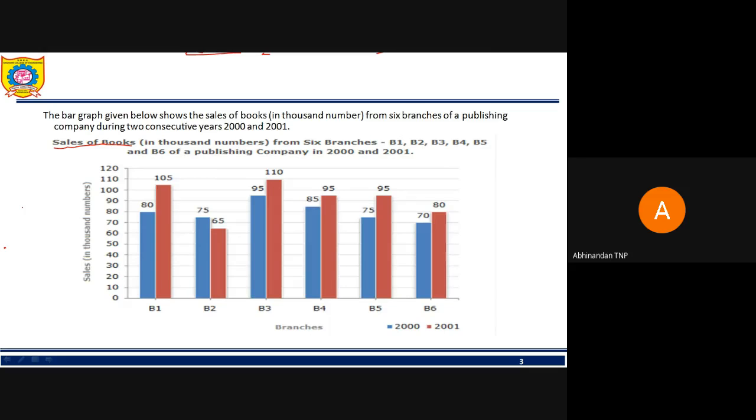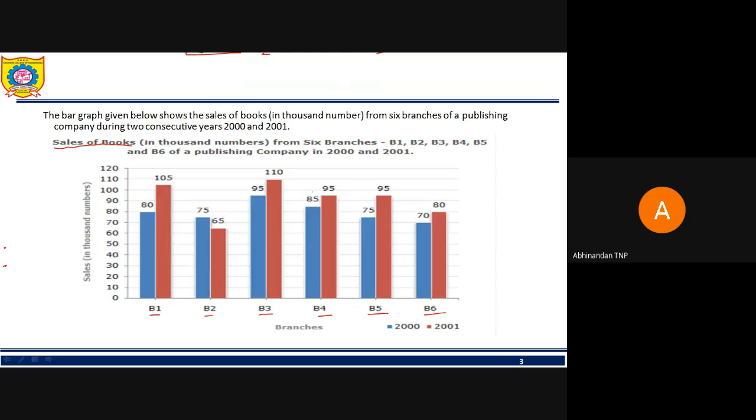B1 branch in 2001, 105,000 is the sale. Like this, for every branch, for the years 2000 and 2001, the sale is given to you.